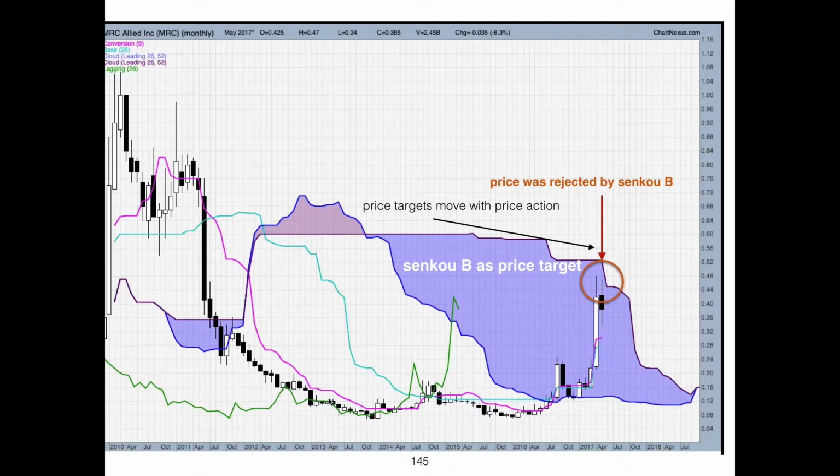You see that there's no absolute price target because the Senkou B also adjusts as price moves up. The area where they intersect or where they meet becomes your strong resistance or your price target. That is the encircled area right there.